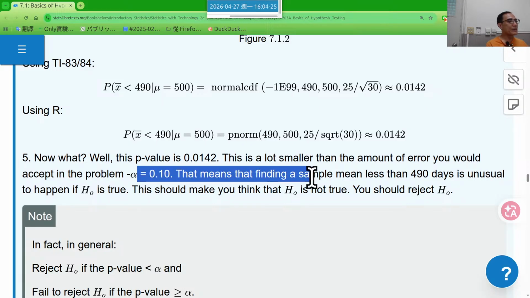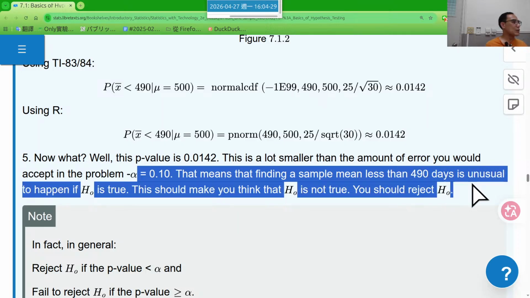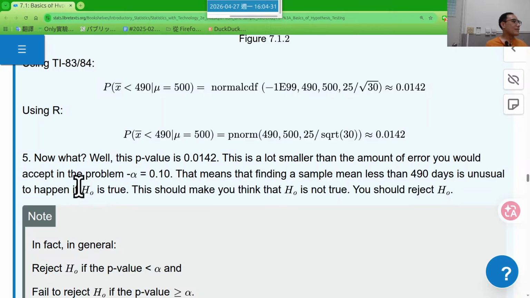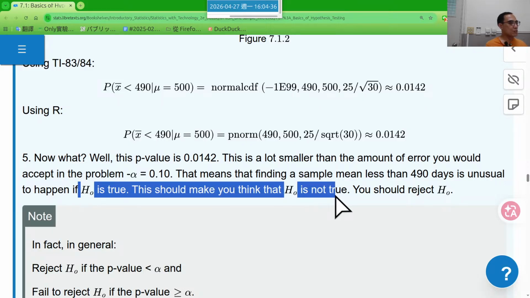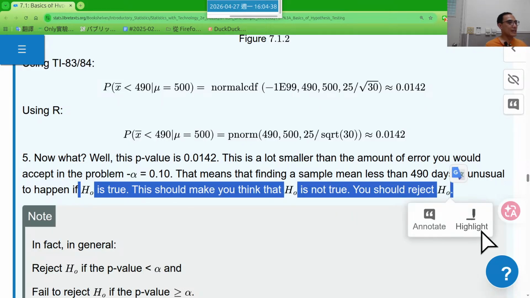That means finding a sample mean less than 490 days is unusual to happen. If the claim is true, that would make you think it is not true. You should reject it. Again. After calculating 30 samples, the buyer gets an average of 490.